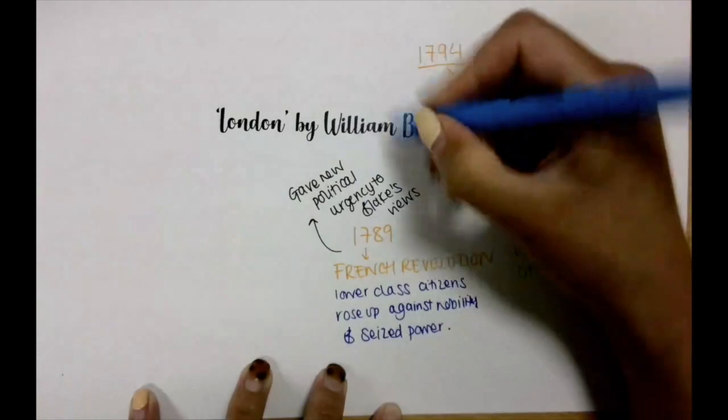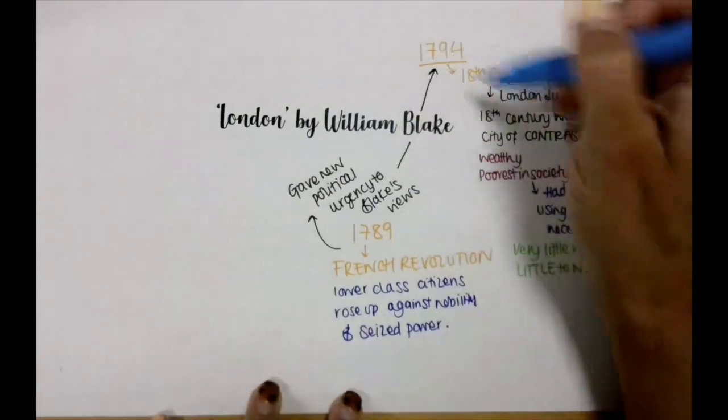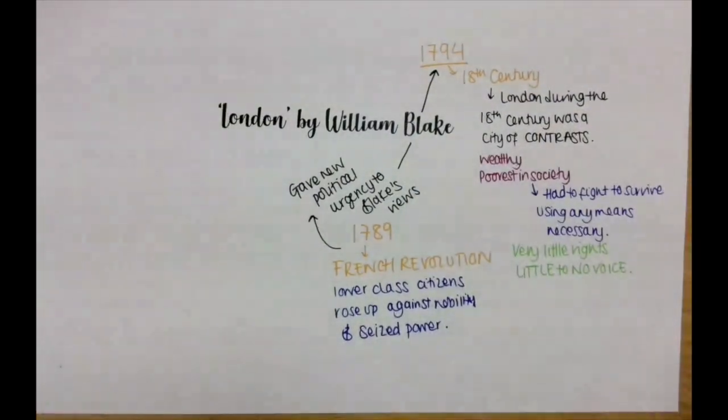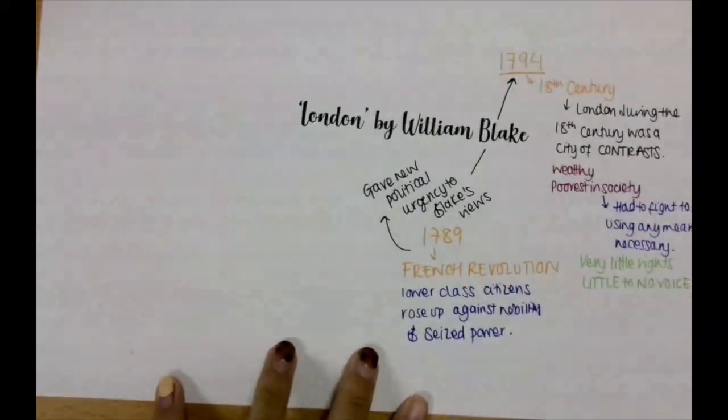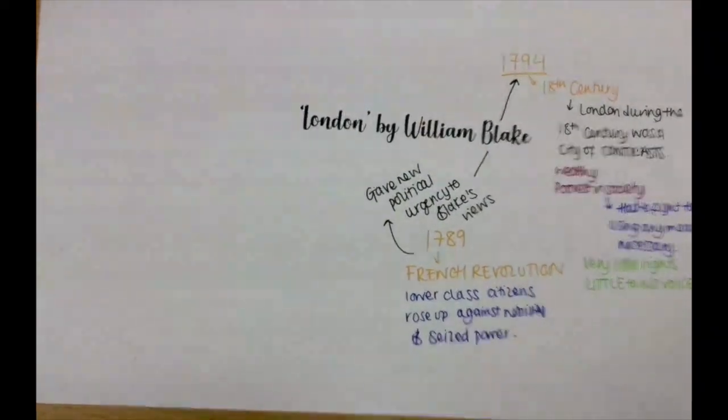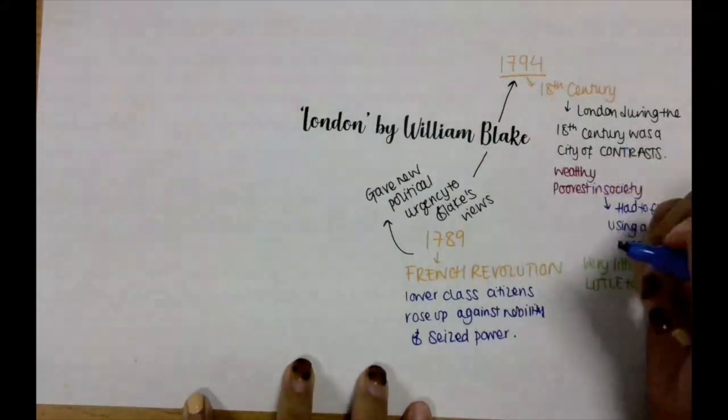And those views found their way out in poems like London, published in the collection of poems, Songs of Innocence and Experience. Okay, but what the French Revolution also did then, if we come over to here, it attracted attention from social reformers.